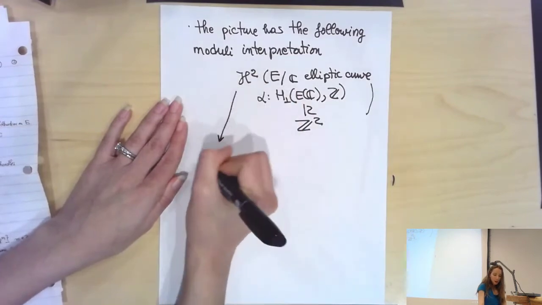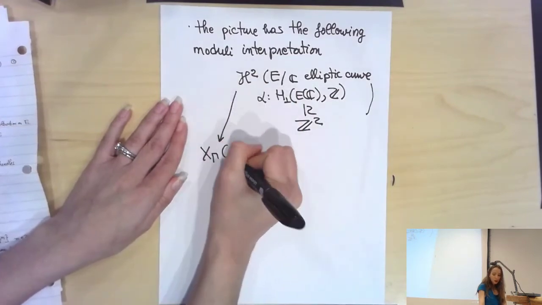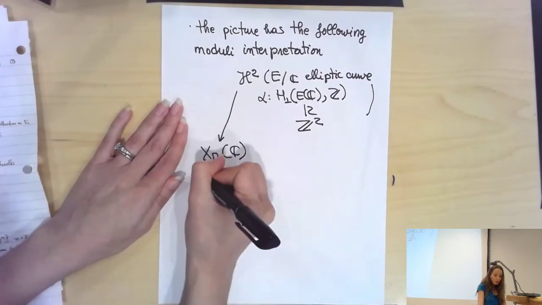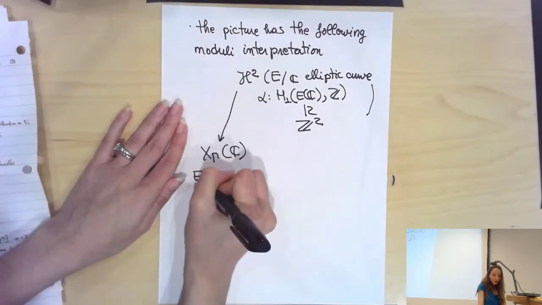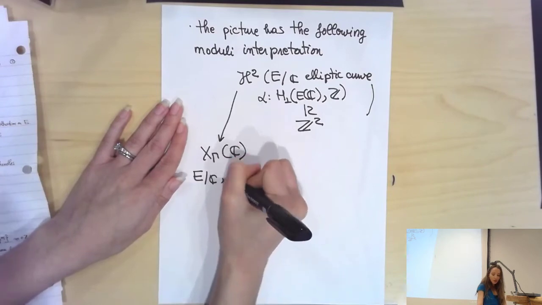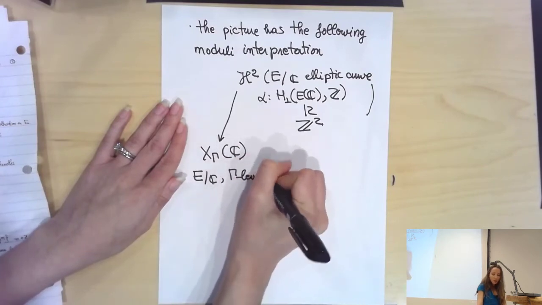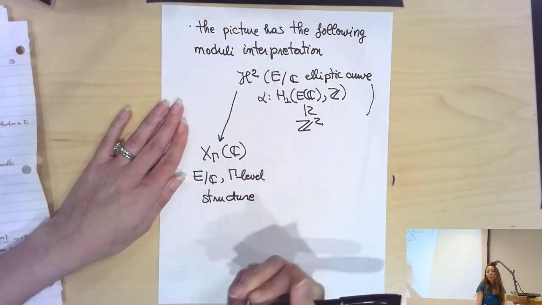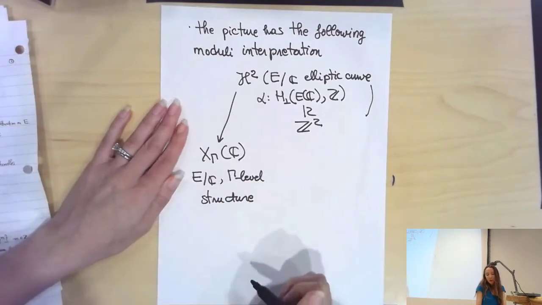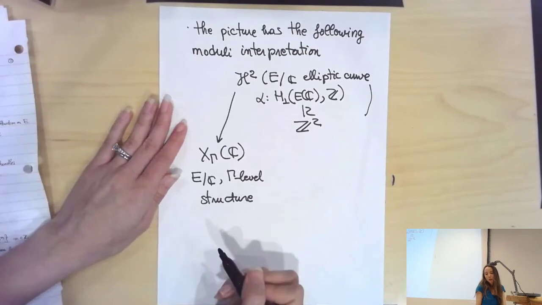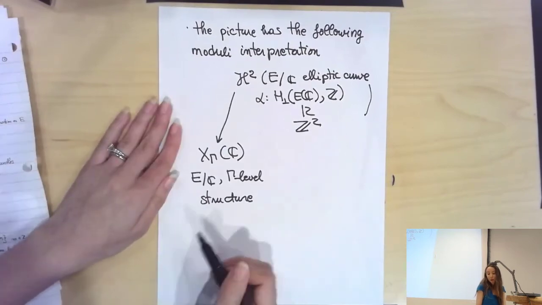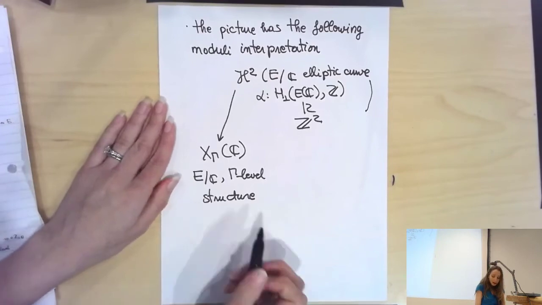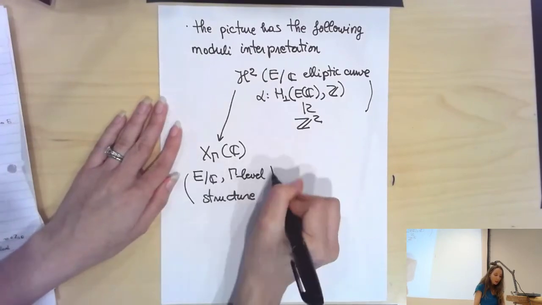And then I mentioned how X gamma, depending on what gamma is, you may have a different moduli problem, but you always see elliptic curves together with some extra structure, a gamma level structure. And you have various examples of this. So, for instance, if you have gamma 0 of P for some prime number P, then the level structure is a subgroup of the P torsion of the elliptic curve of order P. But in any case, this is what you have on this side.